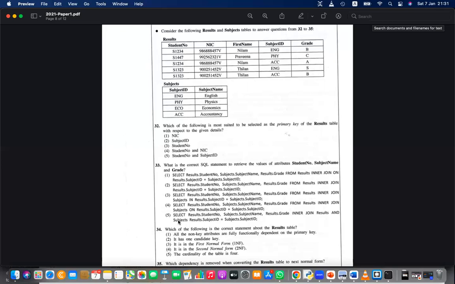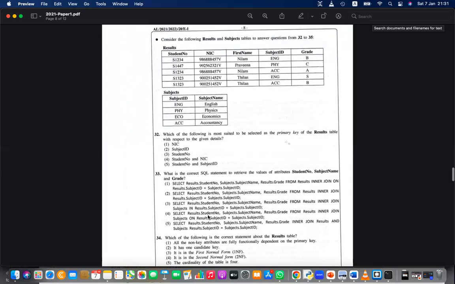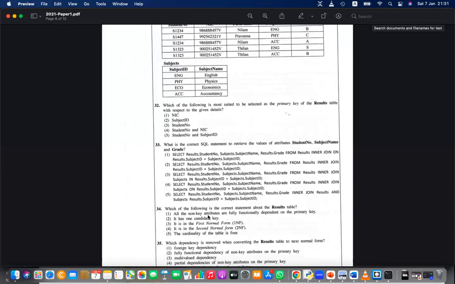Then you can directly say select results.student number and so on, then write your join statement without from. That is how you normally do it. So this one is okay: on the results, join on.